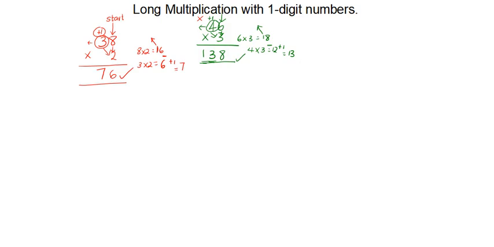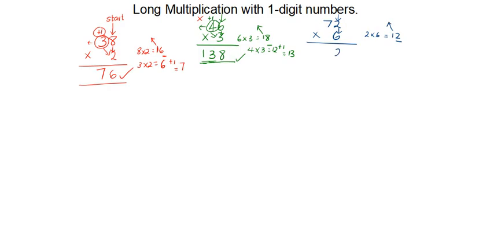Right, one more example. Let's try 72 times 6. Remember, in the units column, so 2 times 6. 2 times 6 we know is 12. So we're going to write down the unit 2, and we're going to carry the 10, which is the 1.